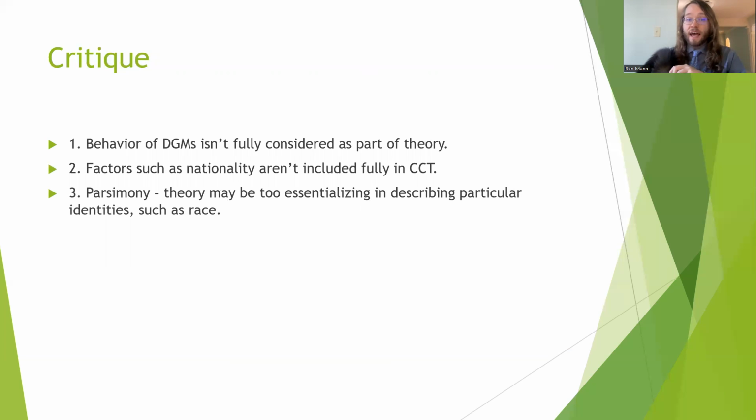So for instance, in analyzing co-culture, we need to think about how a lot of different elements shape and make these cultures. And then lastly, there's a critique of parsimony, that the theory might be too essentializing in describing identities such as race. Either you're a member of the dominant culture or the co-culture. And in reality, there are a lot more complex elements that help to shape and impact culture overall.